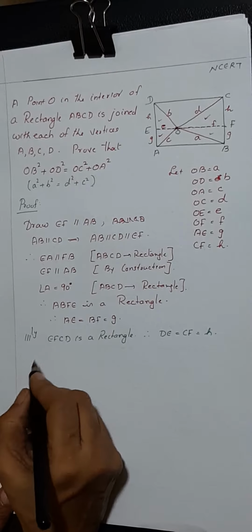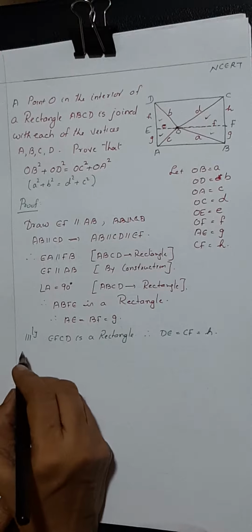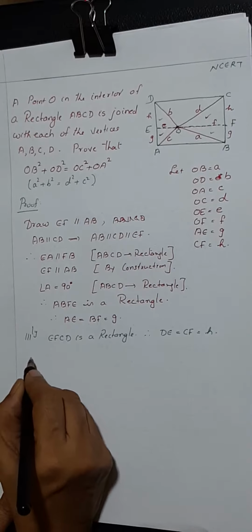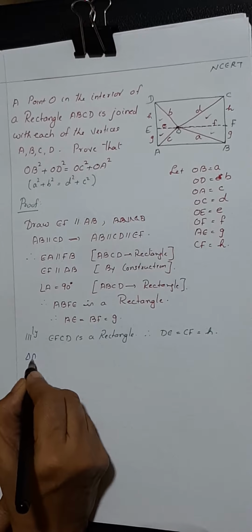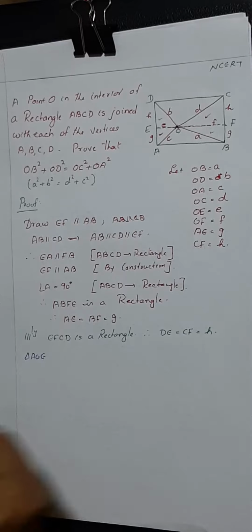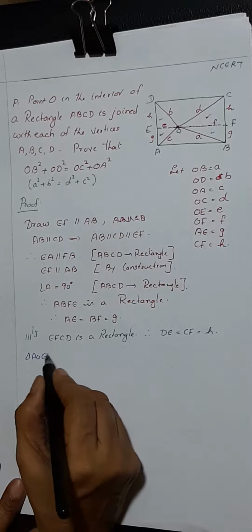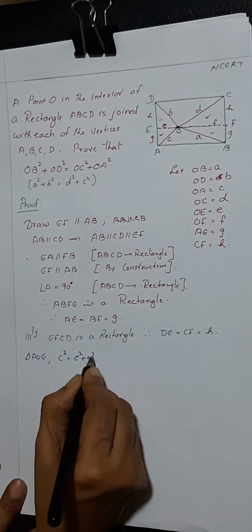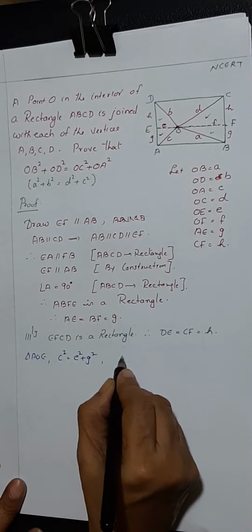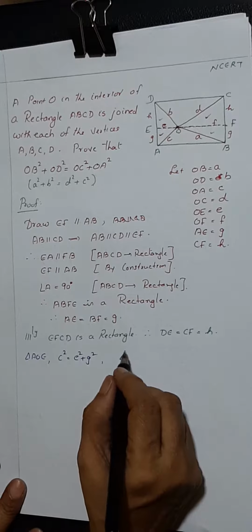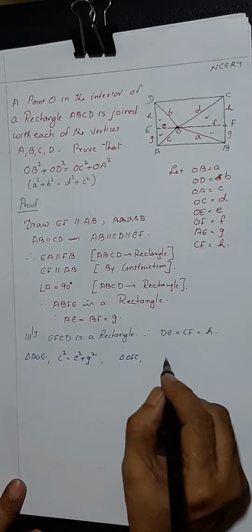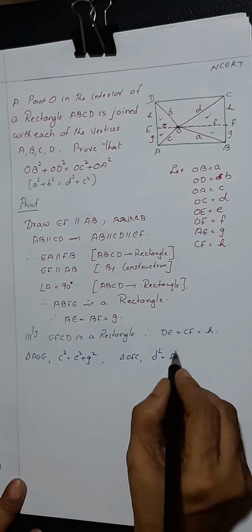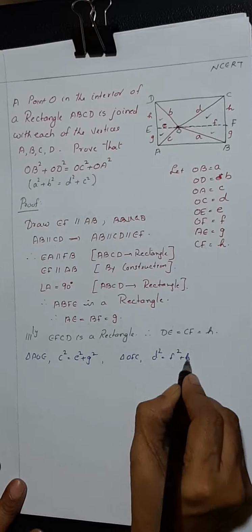So now in triangle AOE, C squared is equal to E squared plus G squared, and in triangle OFC, D squared is equal to F squared plus H squared.